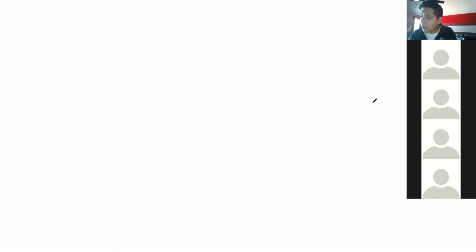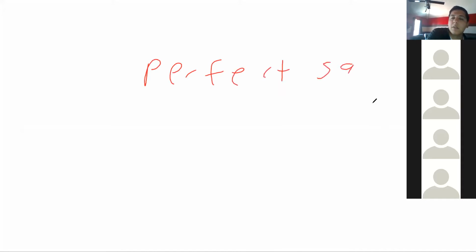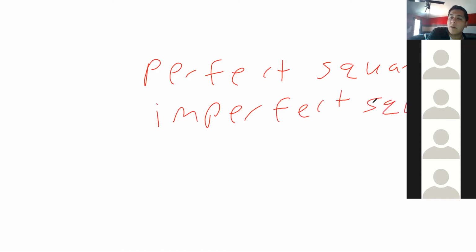First, we're going to write down 2 keywords: perfect squares and imperfect squares. Those are the 2 keywords that we are going to discuss. So make sure we have those written down.